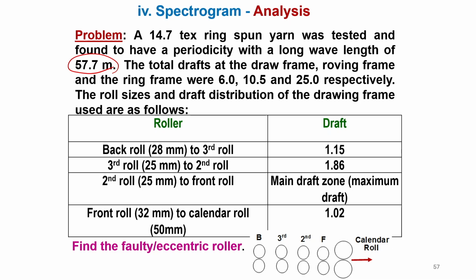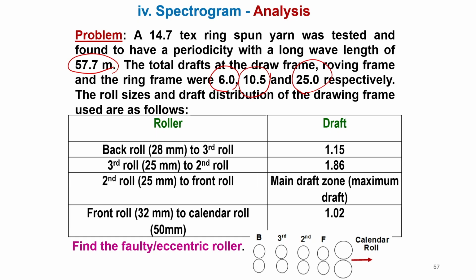So, the wavelength is 57.7 meter. The total drafts at the Drawframe, roving frame and ring frame are 6, 10.5 and 25 respectively.